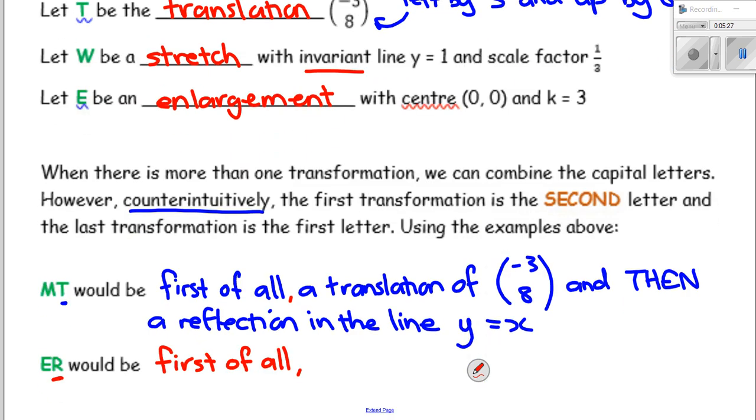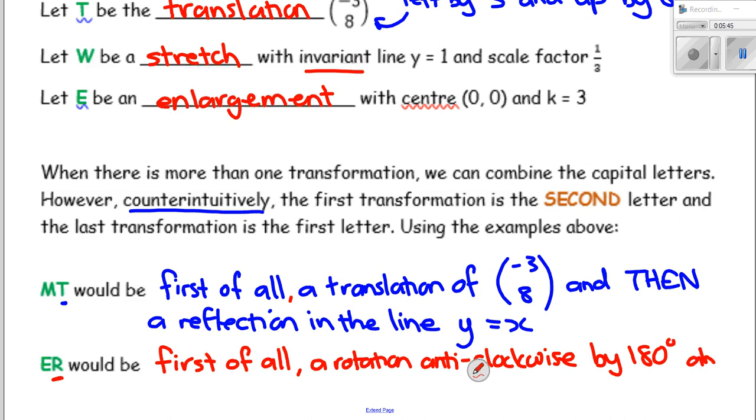So first of all, a rotation anti-clockwise by 180 degrees about the center of rotation 1 and -1.